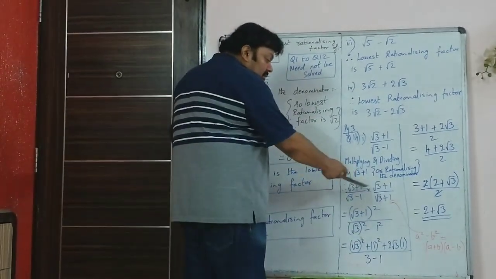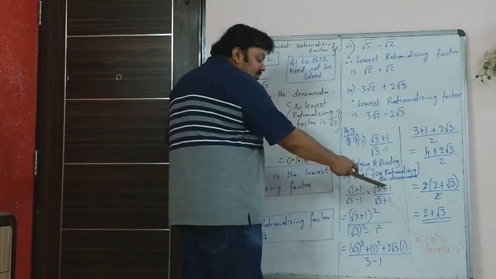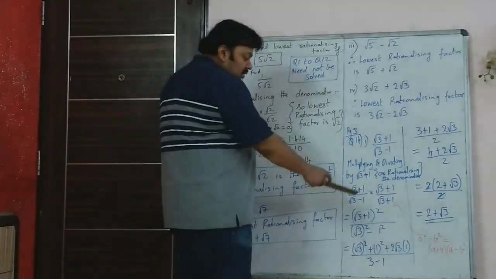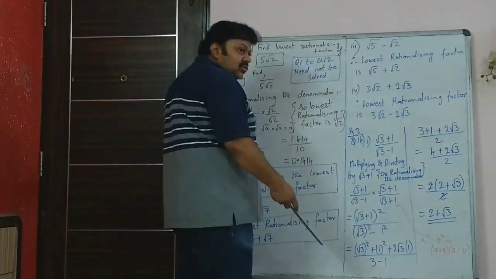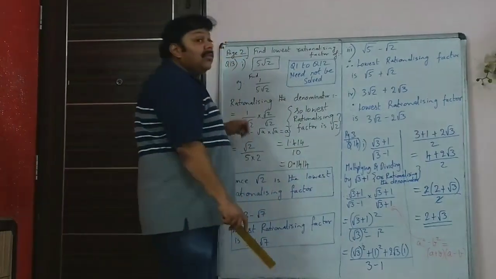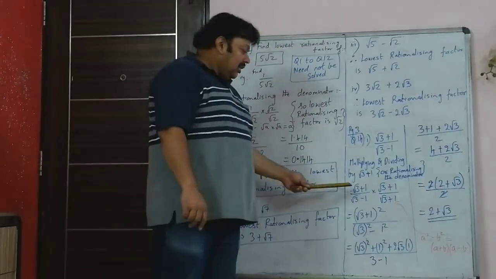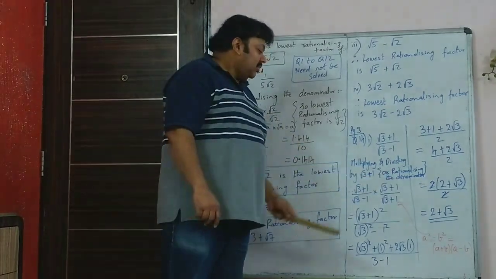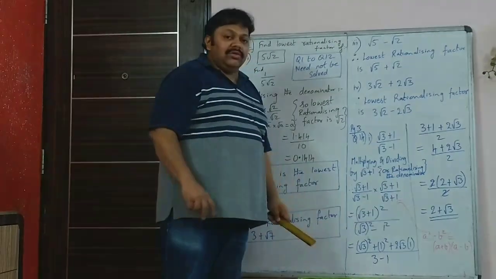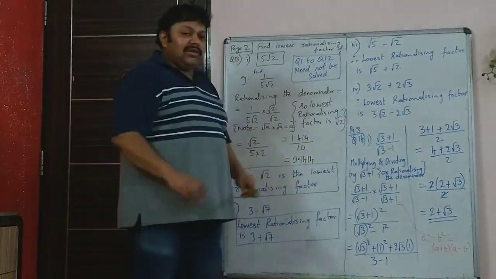But now the numerator is (root 3 plus 1) into (root 3 plus 1), so that is root 3 plus 1 the whole squared. You can use the formula and do it. Otherwise you could have multiplied root 3 with both these terms and 1 with both these terms, added it, and you will get the same thing.